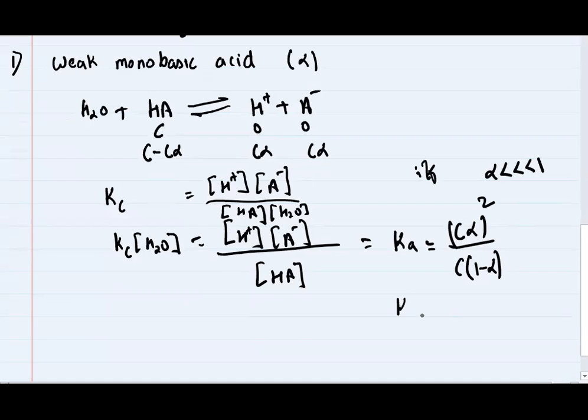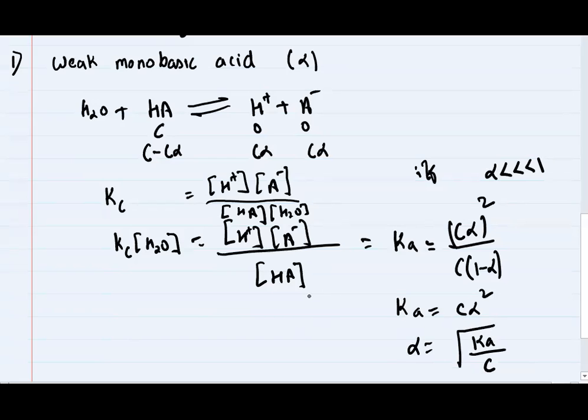So we will get C alpha square, because C will get cancelled and 1 minus alpha is neglected. So alpha is equal to root of Ka upon C. Yes, everyone?